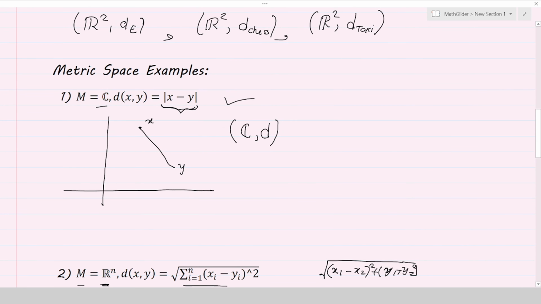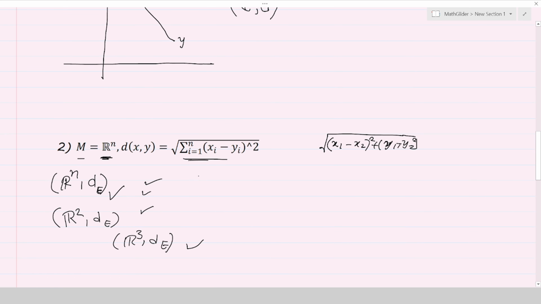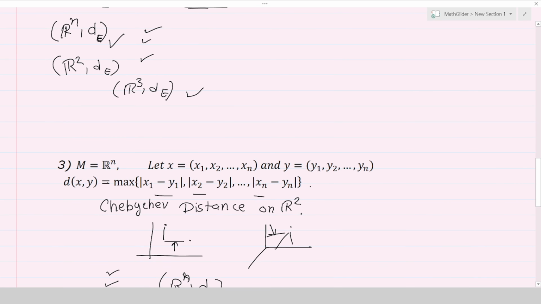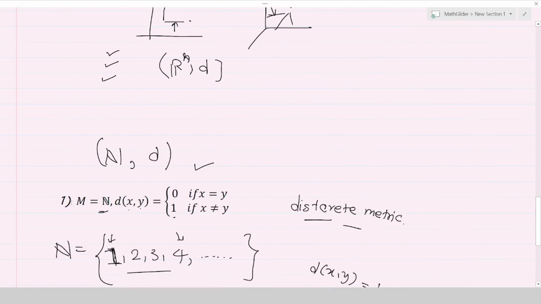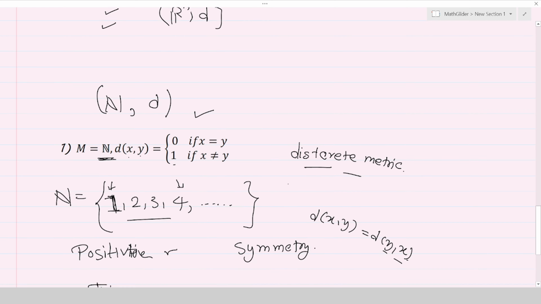First of all, the set of complex numbers with the Euclidean metric, and then we saw Rn with respect to this metric. This was also an example of a metric space. Then we saw Rn with this max metric is also a metric space, and we saw natural numbers with the discrete metric is also a metric space.